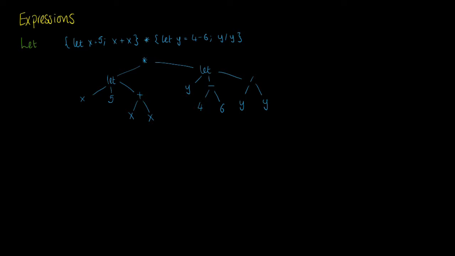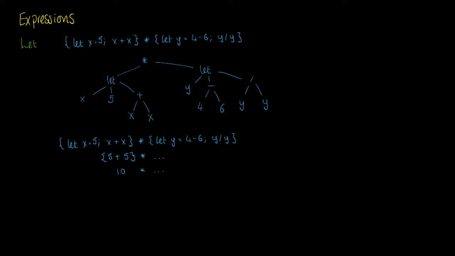When a computer sees this, it takes these steps to figure out the end result. First, it substitutes x in the expression x + x, so we get 5 + 5 times the rest. Then it reduces it by adding 5 and 5 to get 10 times the rest.